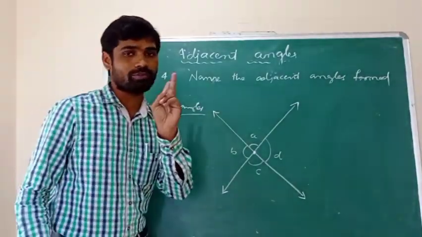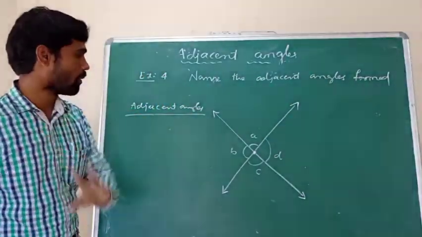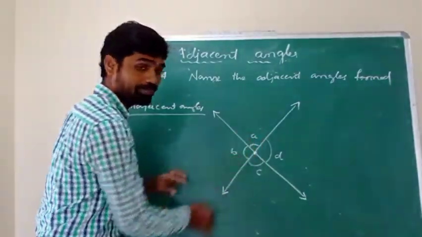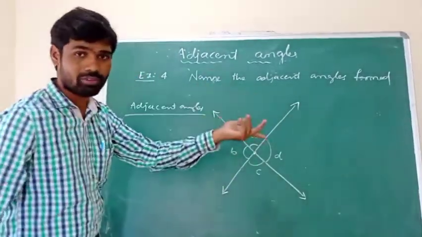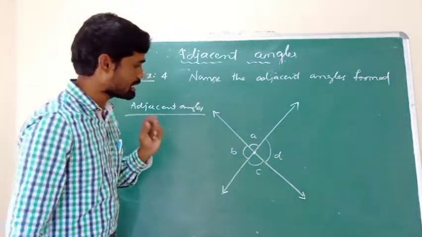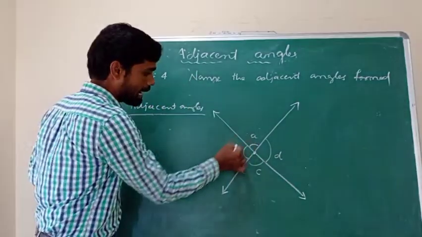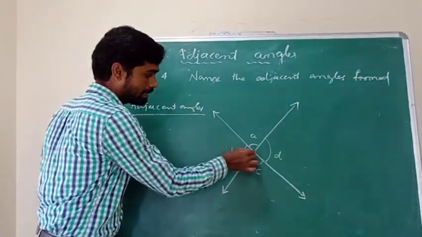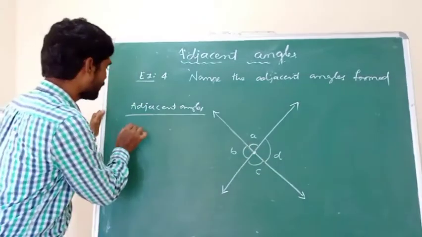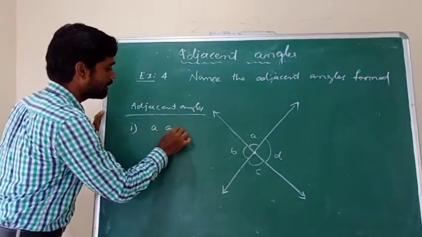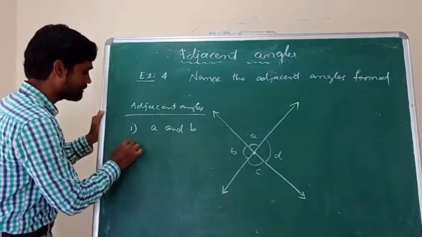We have two properties: one is a common arm and one is a common vertex. The vertex is common for all the angles. Let us observe the arm. A and B have the common arm. So angles A and B are adjacent angles.